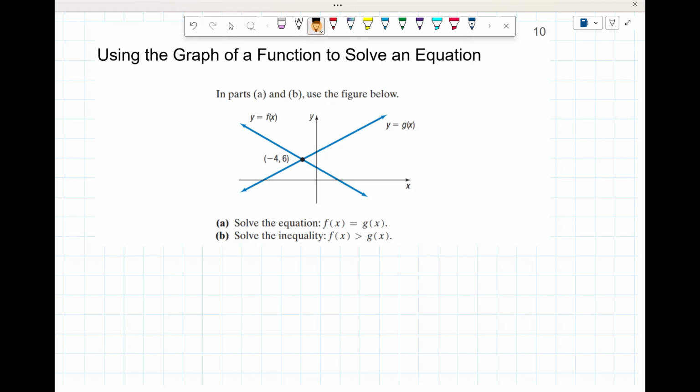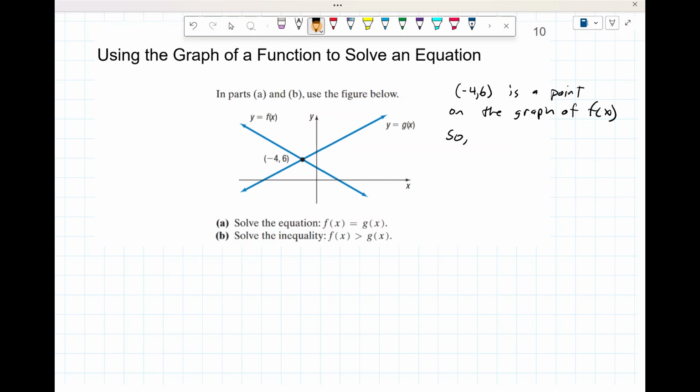Notice that since -4, 6 is a point on f of x, that means that -4, 6 is a point on the graph of f of x.